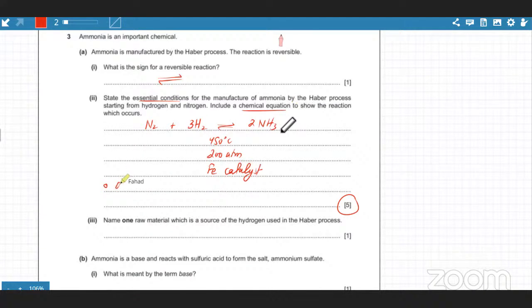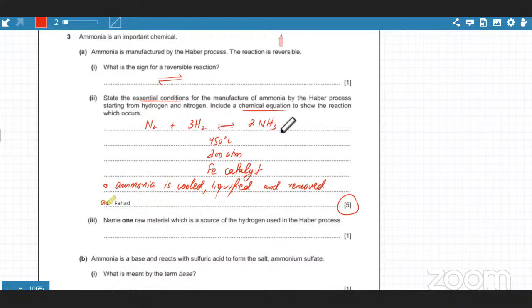So ammonia is cooled, it's liquefied and removed.